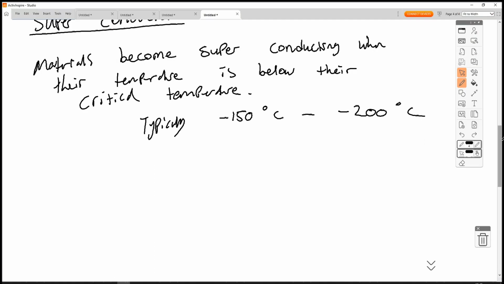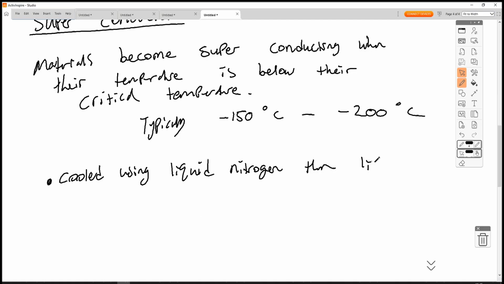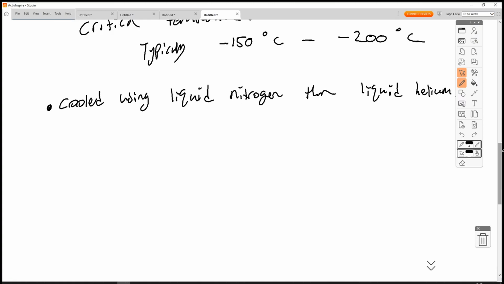So these materials can be cooled using liquid nitrogen. Then liquid helium.